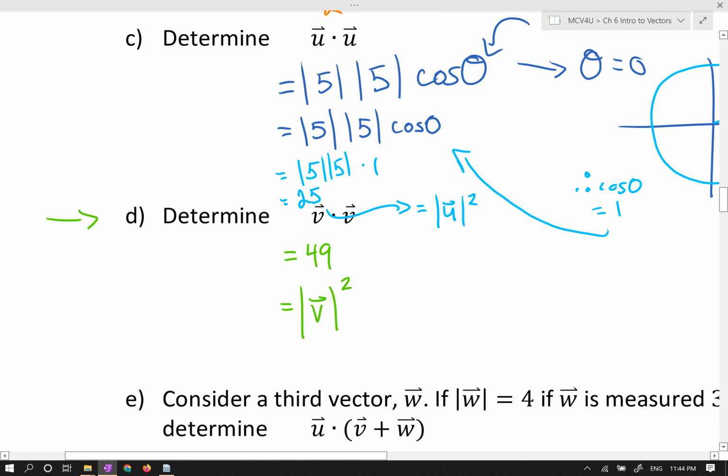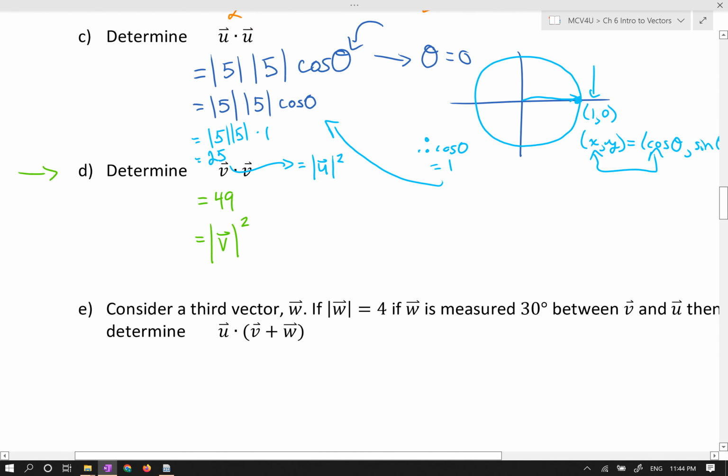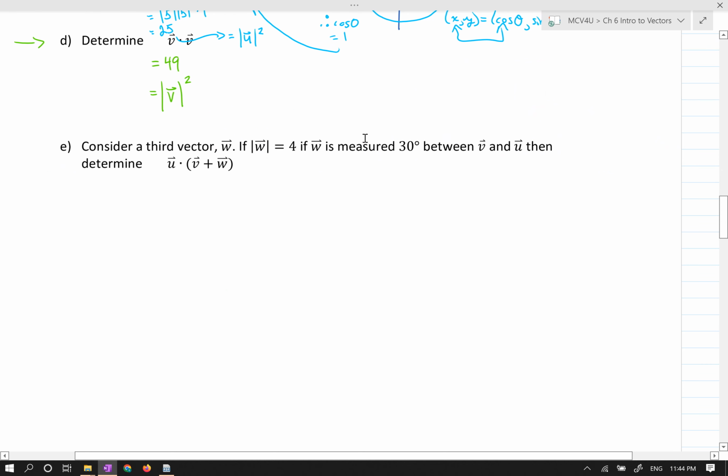And that, my friends, is a conclusion that we can make that will hold true all the time for our dot product. If we're taking the dot product of the same vector, then we can just take the magnitude of that vector and square it. Lo and behold, we're going to be working with this frequently. Alrighty. Now let's keep going a little bit.